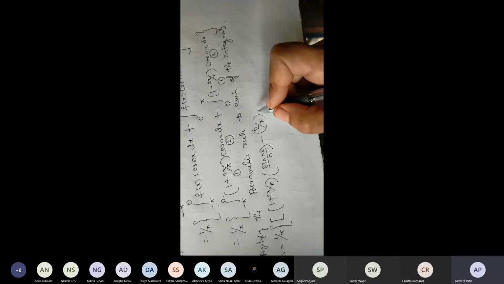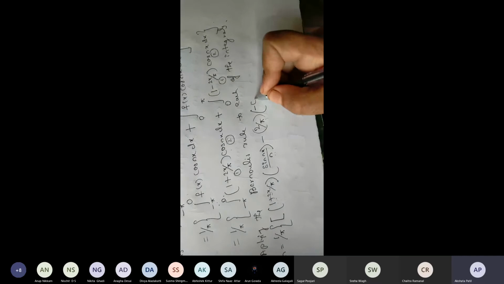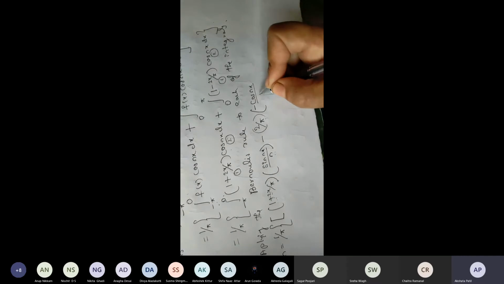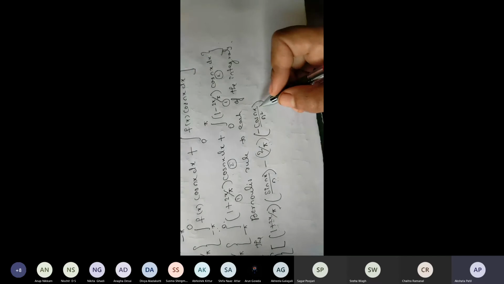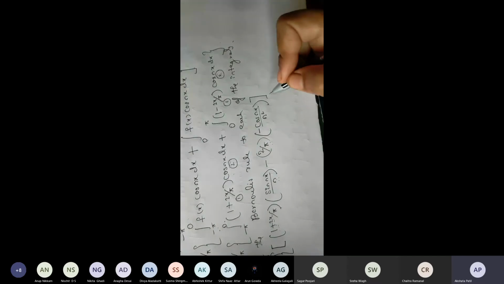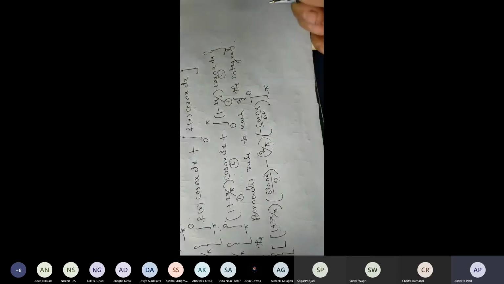Okay, 2 by pi. Now again integrate sine nx divided by n with respect to x: it is minus cos nx divided by n, n into n is n square. Now if you differentiate 2 by pi you will get 0, so no need to differentiate that one. You should stop here only. So apply the limit 0 to minus pi.